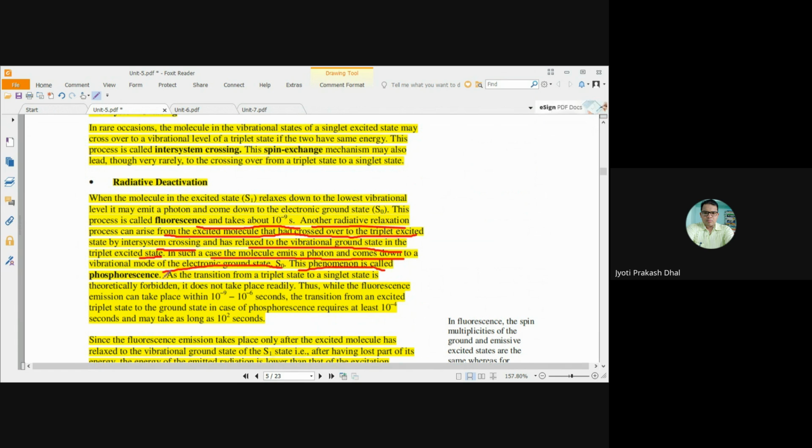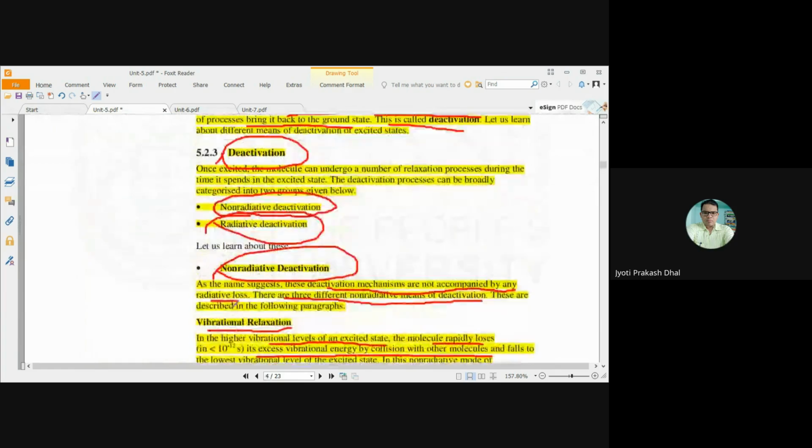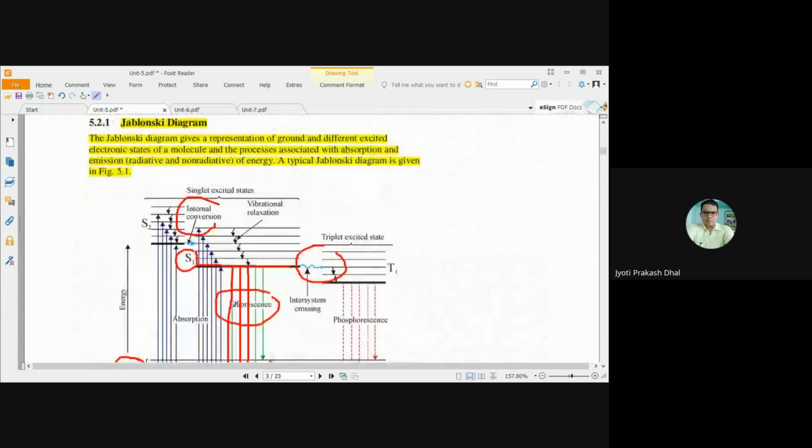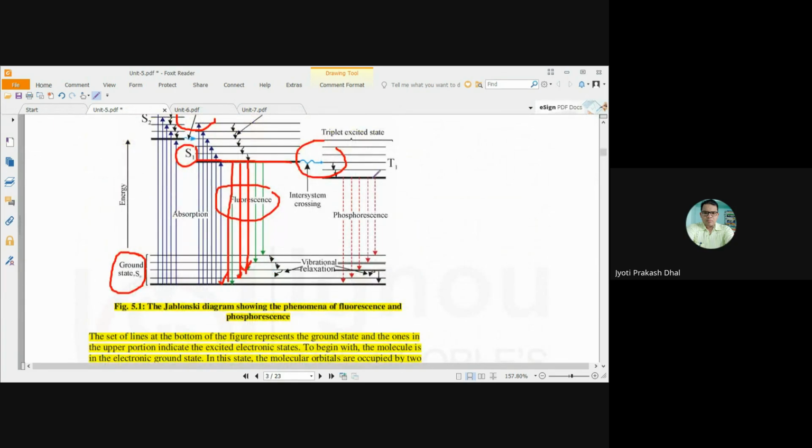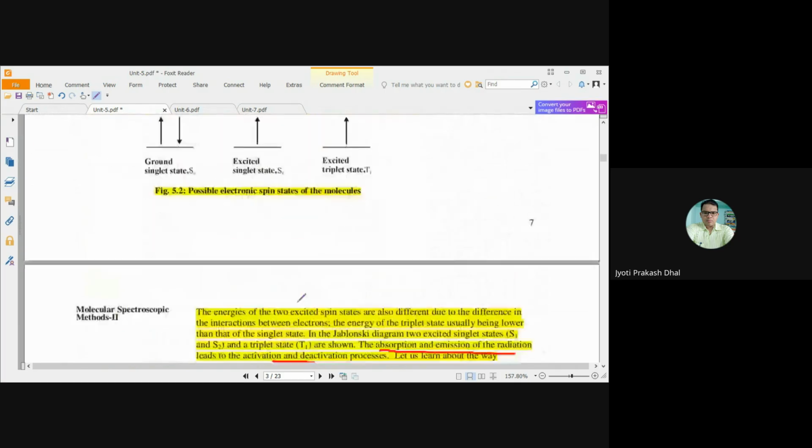This phenomenon is called phosphorescence. That means in phosphorescence, the molecule comes back from the ground vibrational energy level of the T1 state to a vibrational energy level of the S0 state. These processes are called phosphorescence.